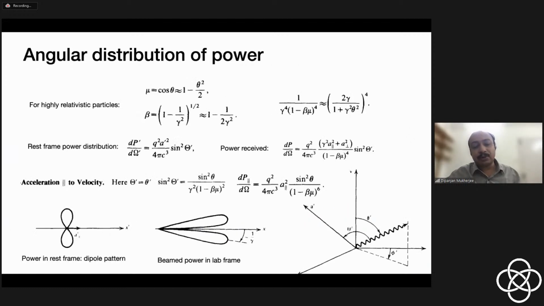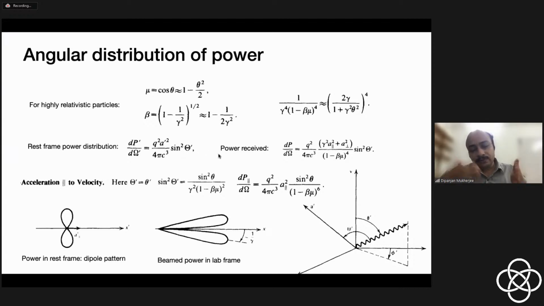And this has important implications. Again, I do not have time to discuss in more detail all of these equations that are quoted here. These are from Rybicki and Lightman. But what this shows is the total dP/dOmega and how it is related to the dP/dOmega in the rest frame. The angular distribution of power calculated in the rest frame of the particle looks like this, which is the standard expression of Larmor's formula I just discussed a few slides back.